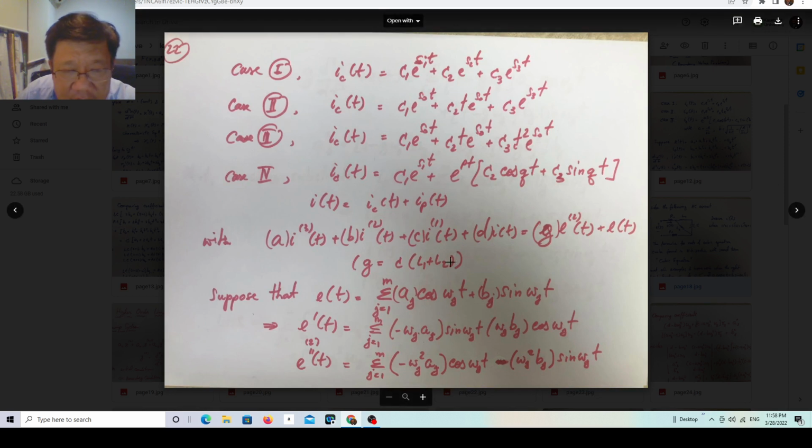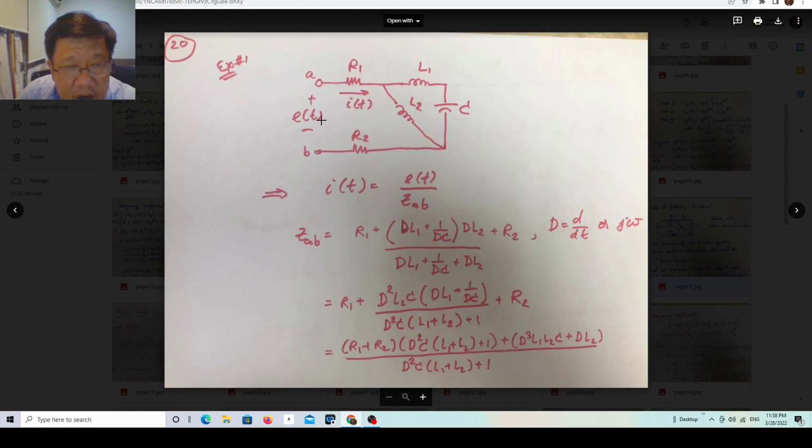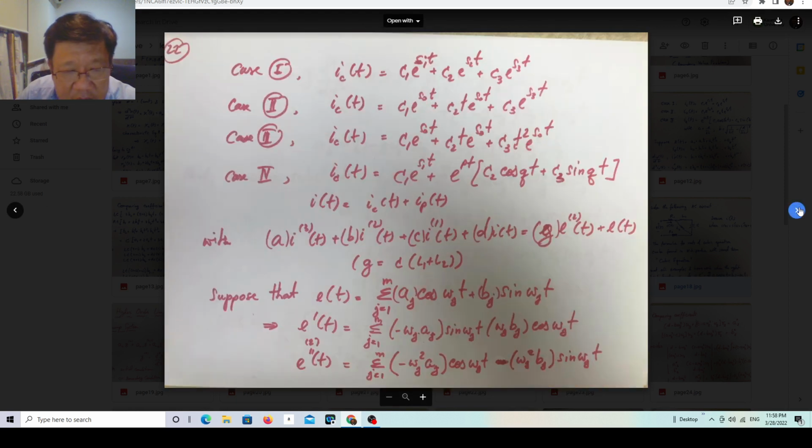And also we're going to analyze i sub pt, the particular solution of current over time, by considering this type of formula for e of t. Suppose your input voltage function across the terminal AB here is in this form: a summation, j equal 1 to m, of the amplitude A sub j times cos of omega j times t, plus another amplitude B sub j times sine of omega j times t.